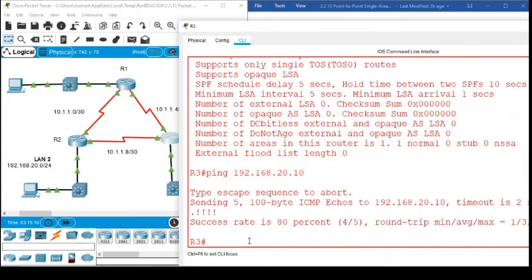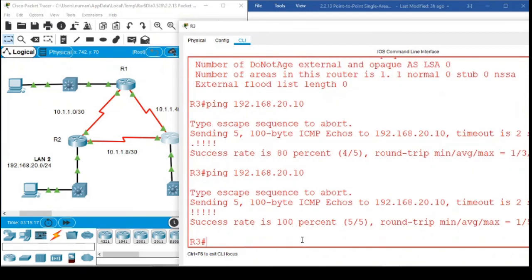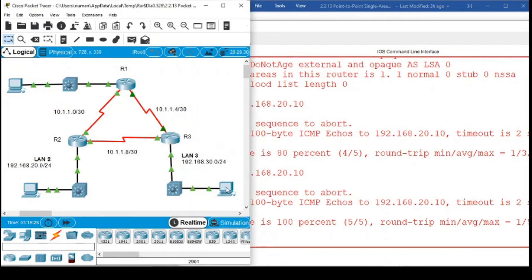So the first packet is working. See this explanation, the packet is sent and received and it's working. So that is the confirmation. One other way to check connectivity between system to system or router to router is that you can also ping from here to this PC, from this PC to this PC, and it should work.